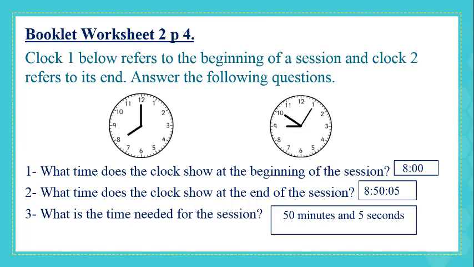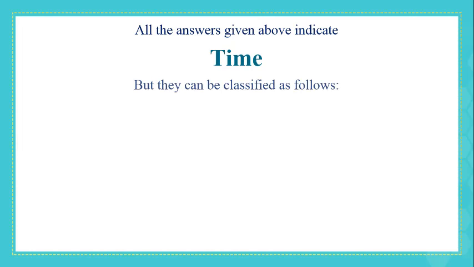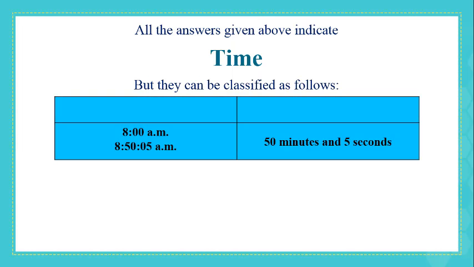What is the time needed for the session? 50 minutes 5 seconds. All the answers given above indicate time, but they can be classified into two groups. Group 1, instant. Group 2, duration.